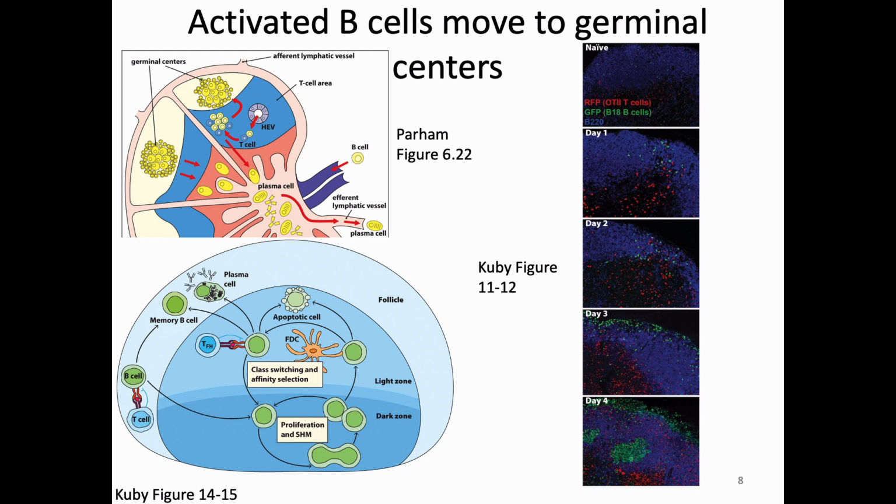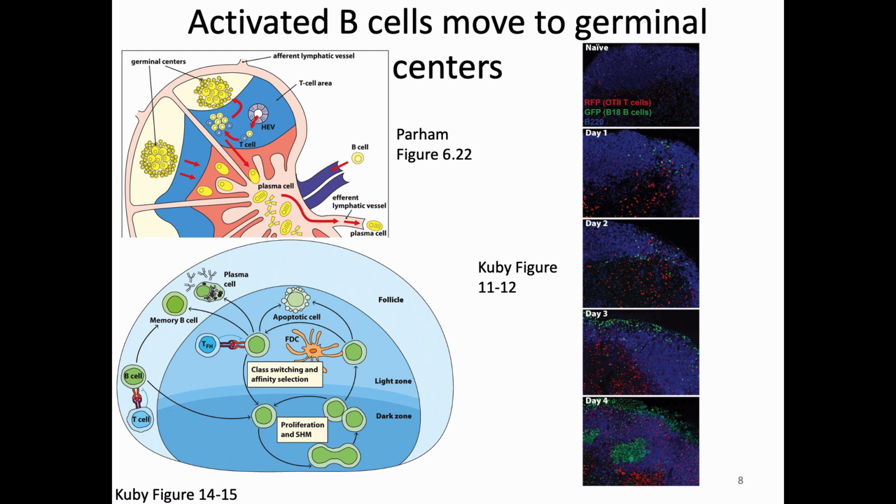The B cell will then move. And the reason why it moves is it wants to find a T cell. And so that B cell is going to move towards the T cell zone. The B cell is in fact going to move to the edge of the B cell and T cell zone. And once the B cell does that, it is going to move to another location.